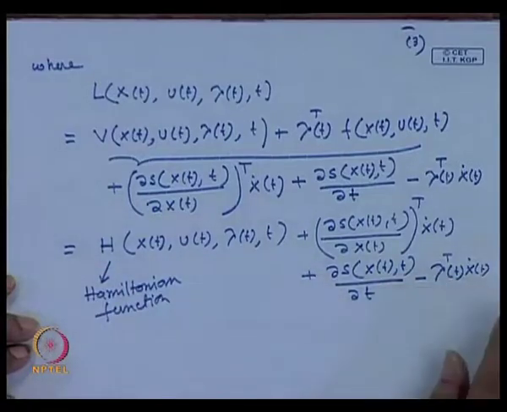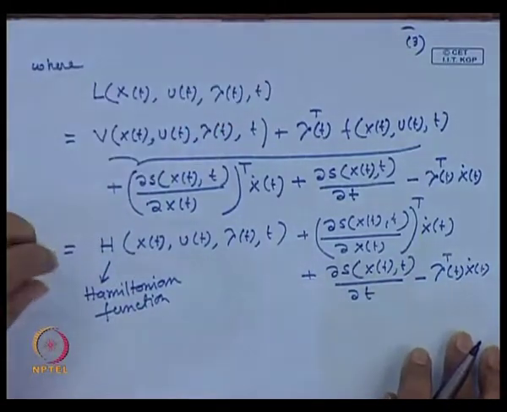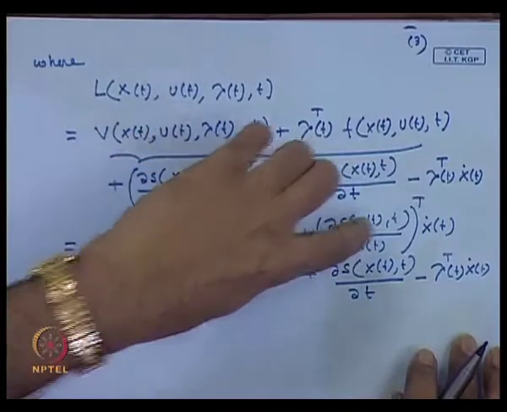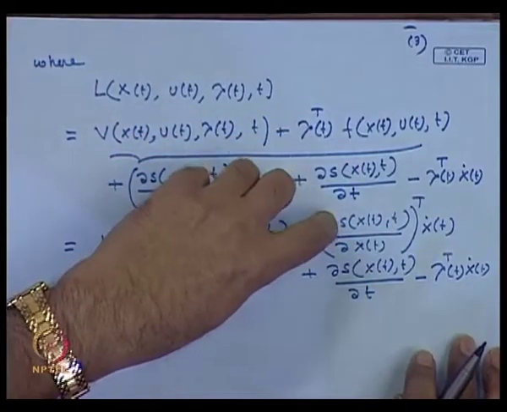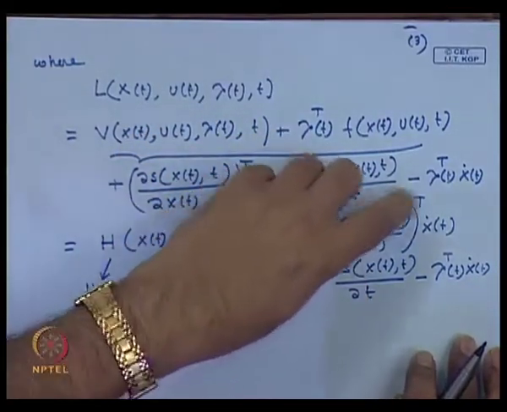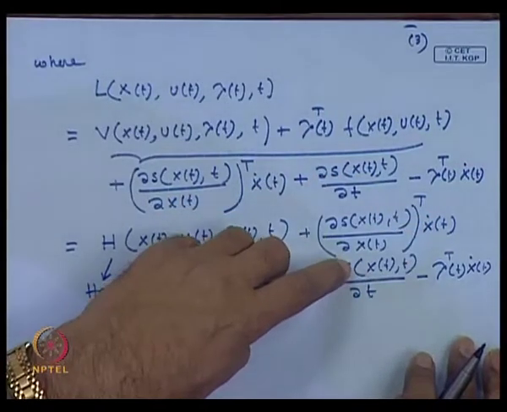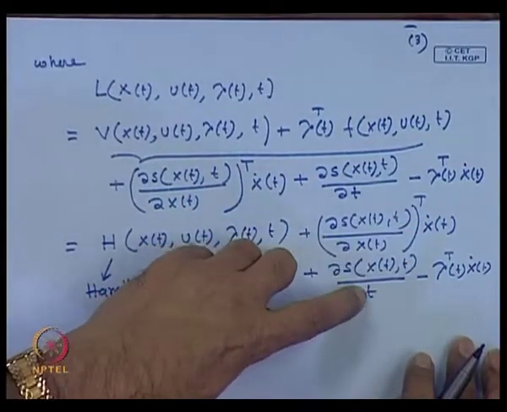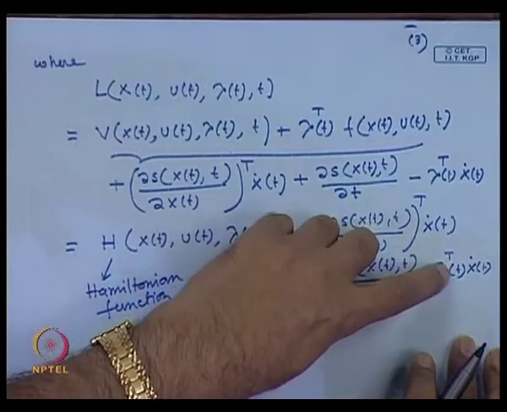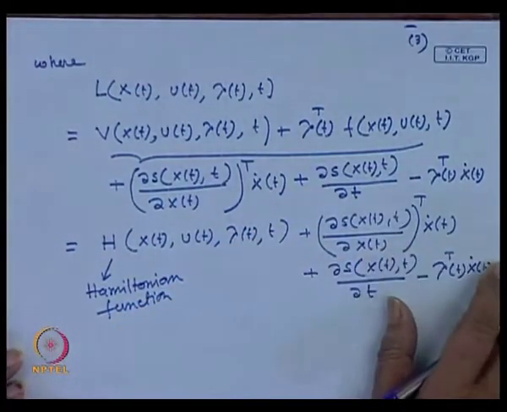So, the Lagrangian is nothing but the Hamiltonian function plus the differentiation of the terminal cost S with respect to x transpose x dot, plus the differentiation of the terminal cost with respect to t, and then minus lambda transpose into x dot.